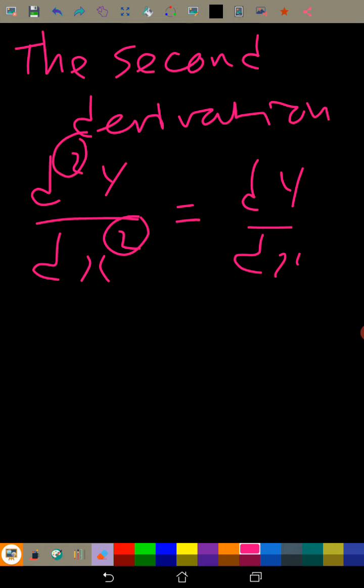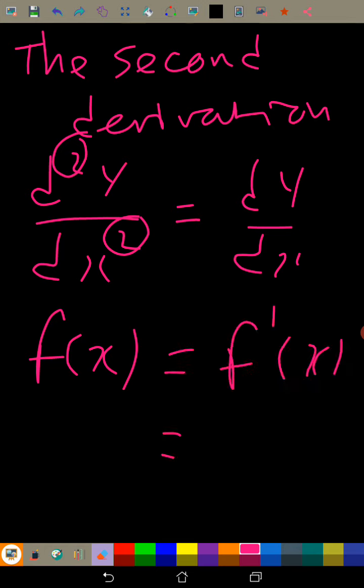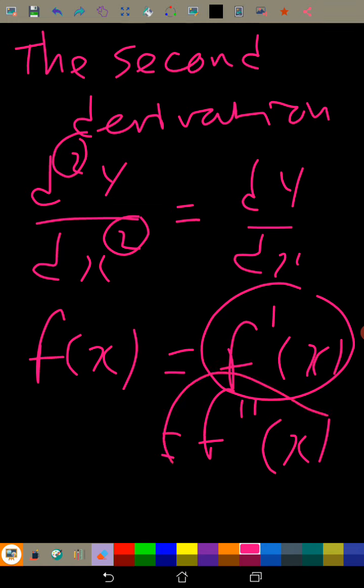And it can also be denoted like this. If you have a function f(x), the first derivative is f prime x, and the second derivative is f double prime x.